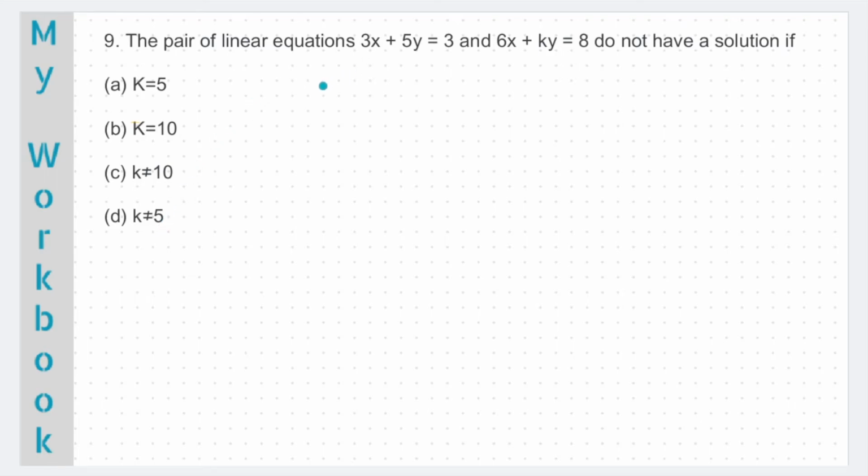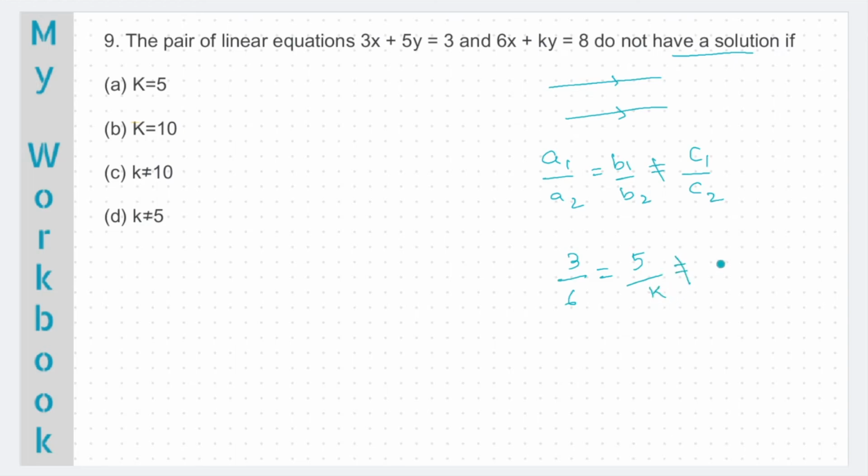So here, if the two lines do not have a solution, then they should be parallel lines, which corresponds to a1 by a2 equal to b1 by b2 not equal to c1 by c2. a1 by a2 is nothing but 3 by 6, which is equal to 5 by k, and it should not be equal to 3 by 8.